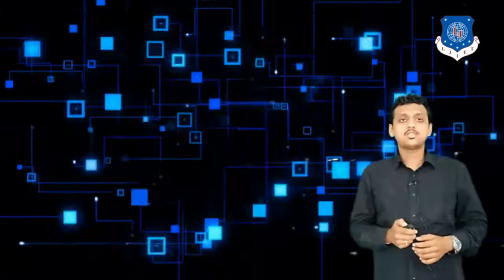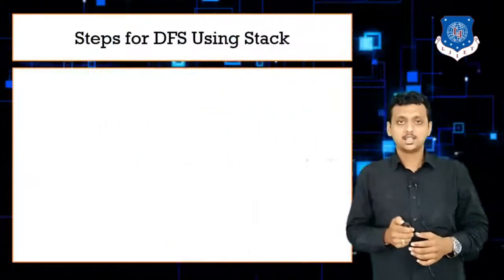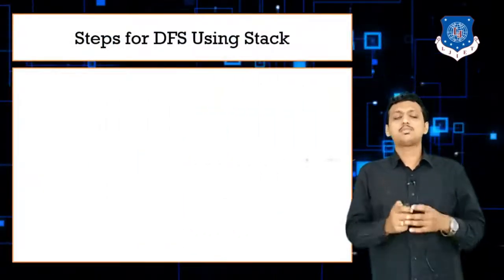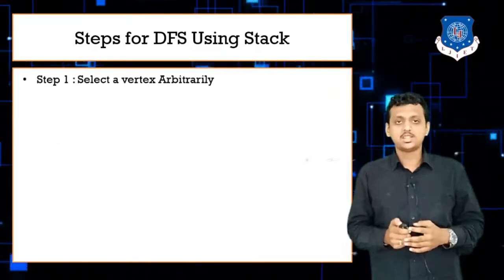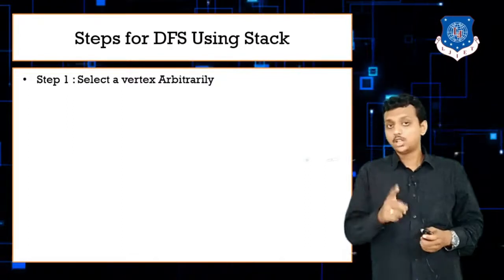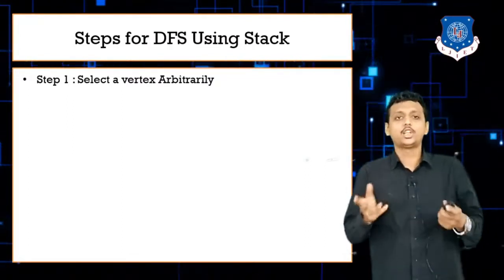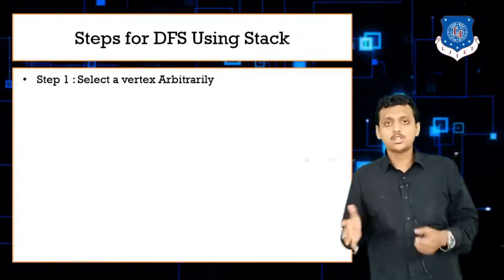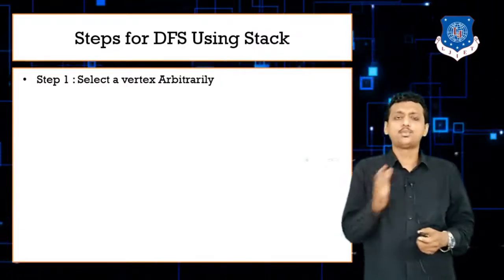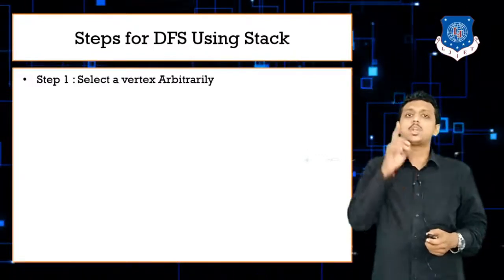Now next we have the steps for DFS using stack. So what are the steps we need to follow? The very first is to visit the root node, or we can say visit a node according to the arbitrary order. See, this is not a tree, students, so we do not have any root node over here. We just need to find any node.